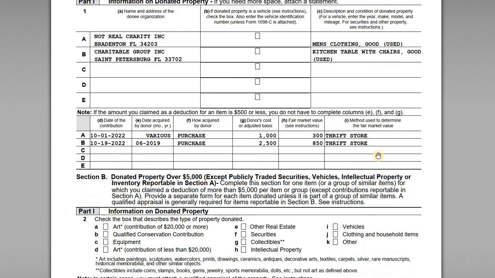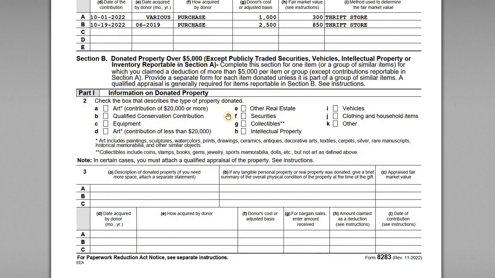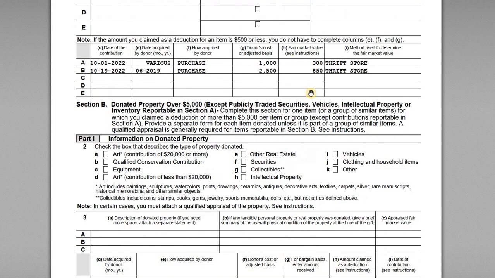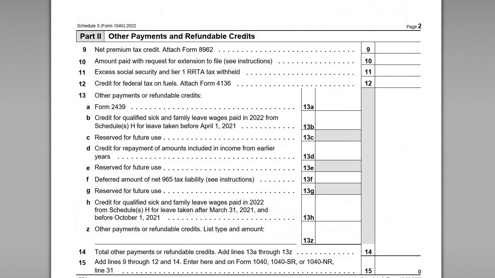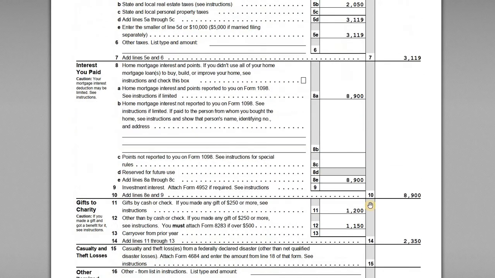Now, once all of that's done, he can skip Section B, right, because he hasn't donated any property exceeding $5,000. And so he's got his fair market value of the non-cash contribution, so that's $300 plus the $850. And so that total amount is reported on Schedule A as an itemized deduction.